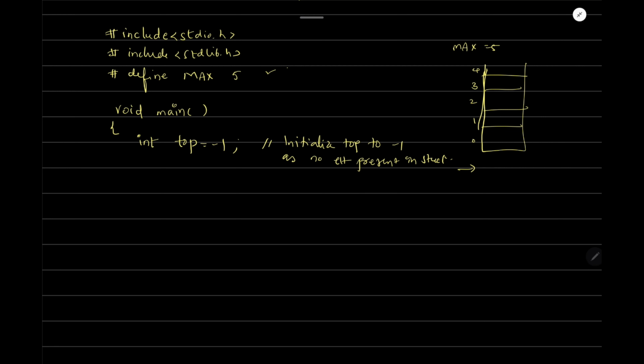And next, we can use various switch cases. I will write it this way: switch choice. printf enter choice, scanf %d and address of choice. I will also declare int choice.